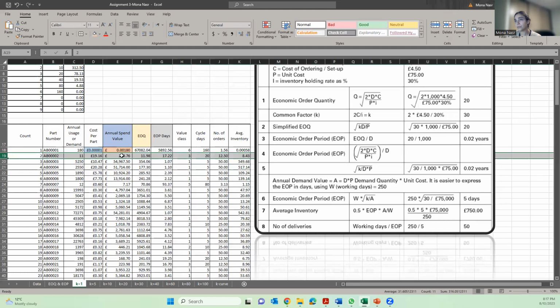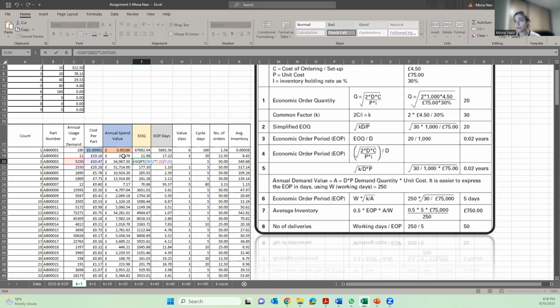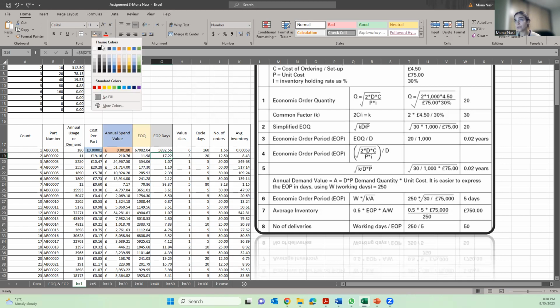So we calculate the second one, which is 250 times the square root of 1, which is K, divided by 210.76, which is the annual spend demand. And it's going to be 70.22.